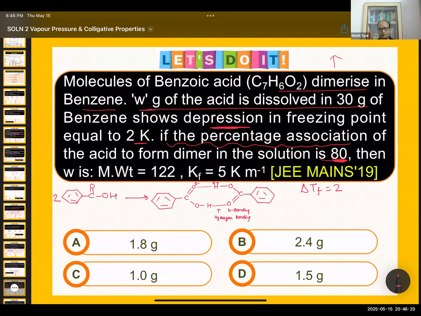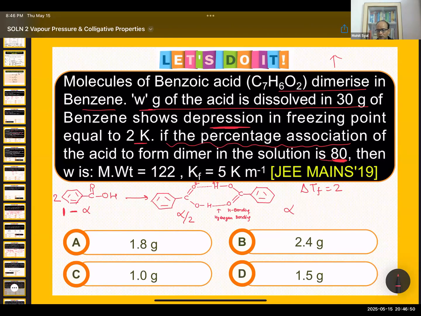Two molecules combine together to form one. So if you start with one, and out of one, alpha molecules got involved in dimerization, on this side you will have alpha by 2, because whatever they started, they combine and form just half of the original molecules. Is it clear?